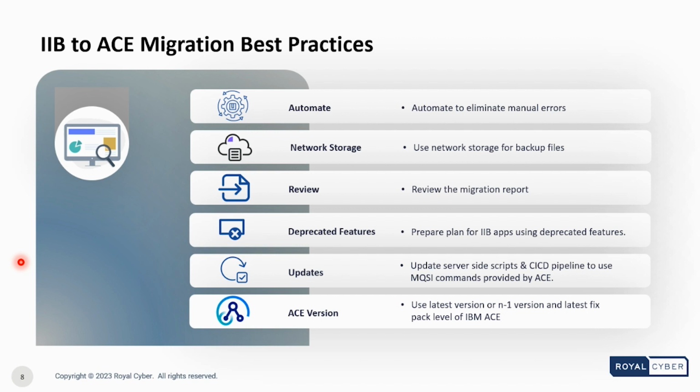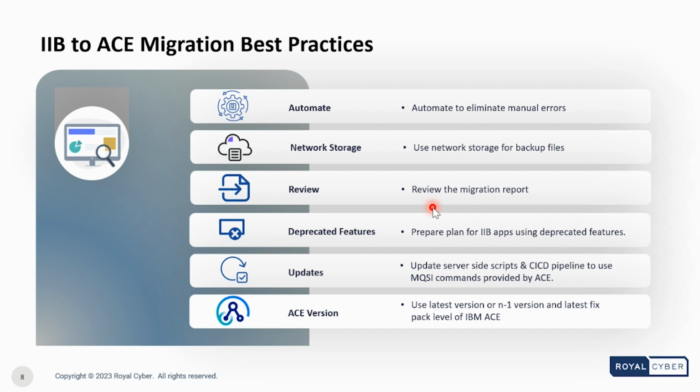The next thing is, if possible, use a stable network storage to prevent any issues with manually copying the extracted or backup files over from the old server to the newer server if you're using two different servers. The third thing we would suggest is review the migration report which is generated to ensure all the required applications are properly migrated and nodes are running fine.